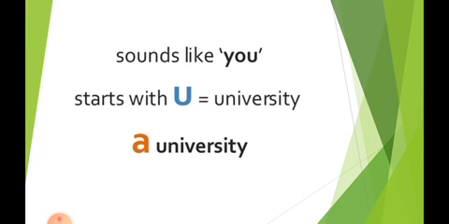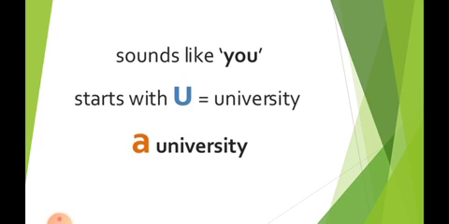So here one word is given. What is that? University. How are we pronouncing it? We are pronouncing it university. So before university, we have to write article a, a university, because U is sounding as you only.